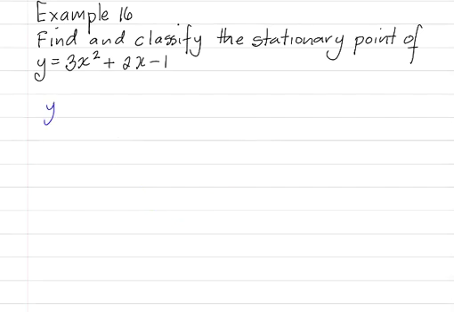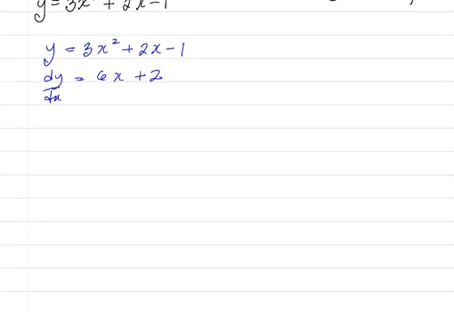We have y equals 3x squared plus 2x minus 1. So we're going to have to find and classify the turning point. dy by dx is equal to 6x plus 2.